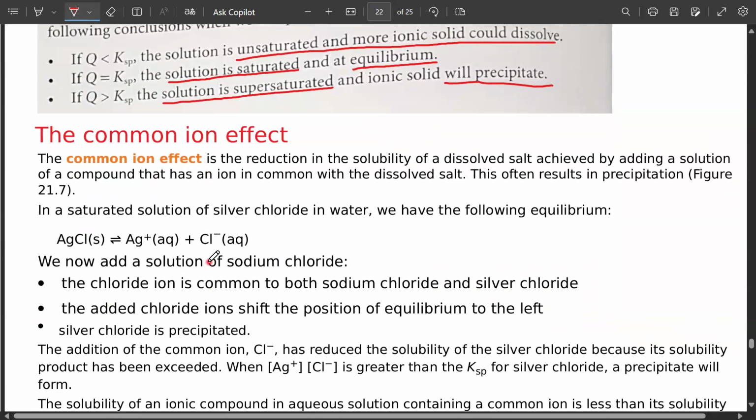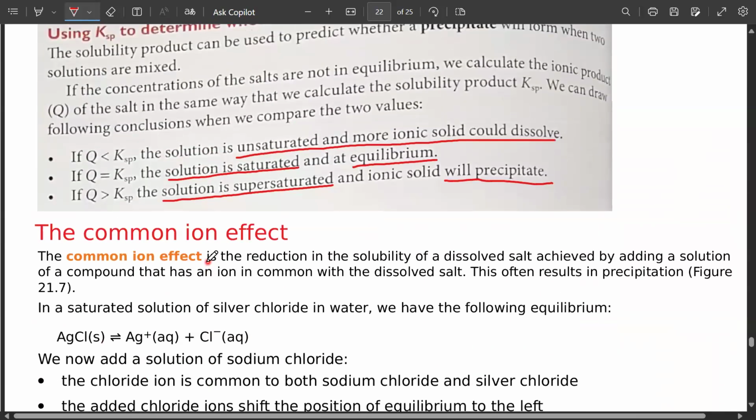Now the next topic is common ion effect. Common ion effect is also related with KSP and Q, so it will use these two concepts alongside. Common ion effect means you will have a solution of a sparingly soluble compound and you will add some more ions into the same solution that are common to the sparingly soluble compound.